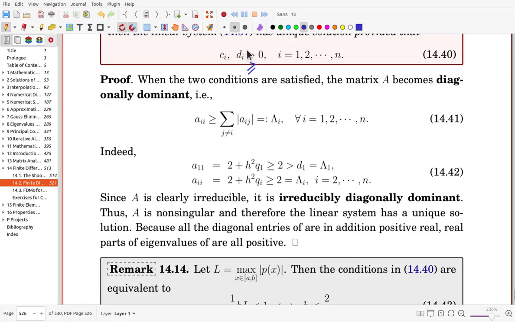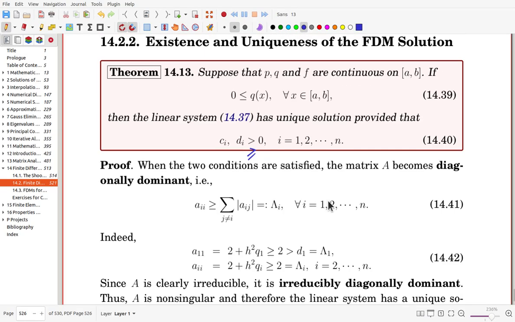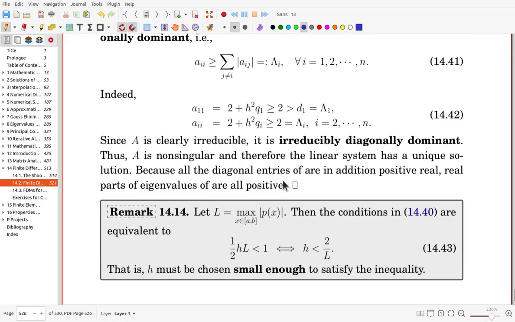Even though that is not really given, we can show that it is irreducible. Also, diagonal dominance can be achieved, so once it is okay, then in fact that must be strictly positive. So either way, A is irreducibly diagonally dominant, which means that A is non-singular, and therefore the linear system has a unique solution. So we can solve the algebraic system.